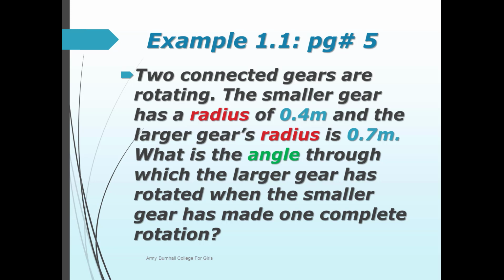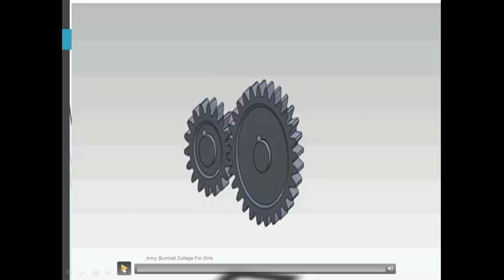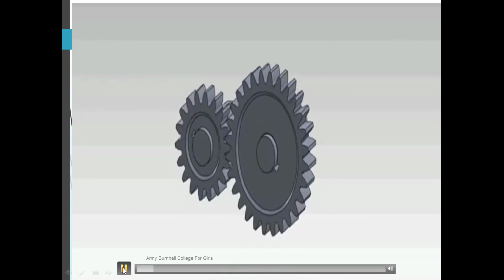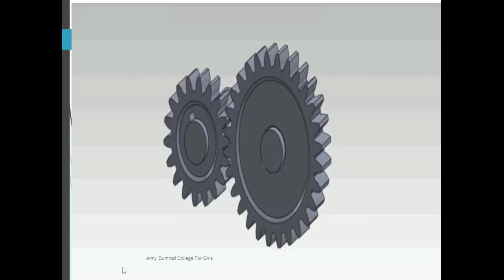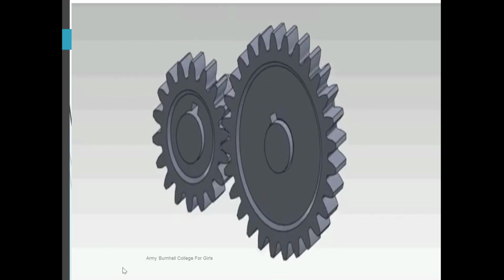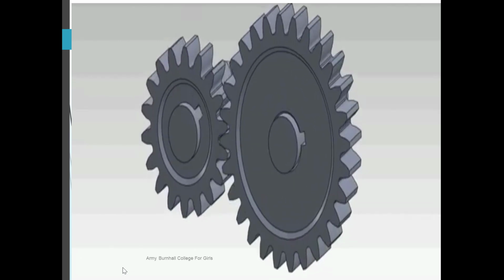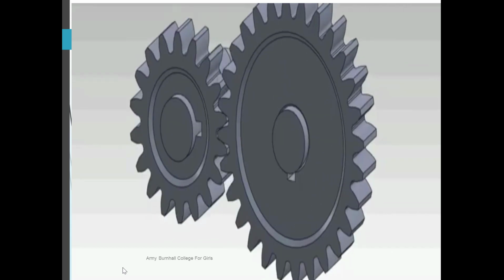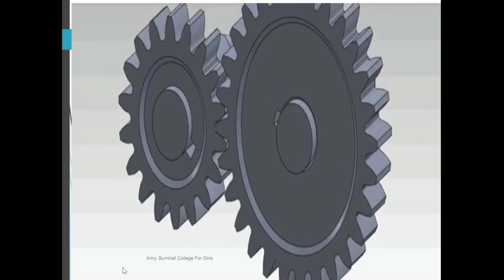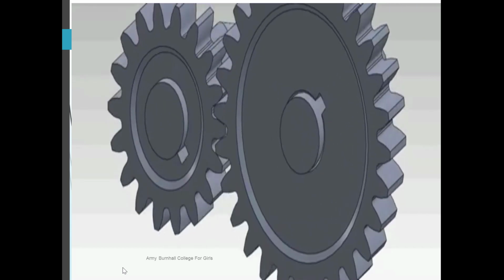Here we have 2 connected gears which are rotating. How are they rotating? You can check this out, the 2 connected gears are rotating like this. One gear has a smaller radius and the other gear has a larger radius. You can see that the smaller gear completes its rotation earlier than the larger gear.